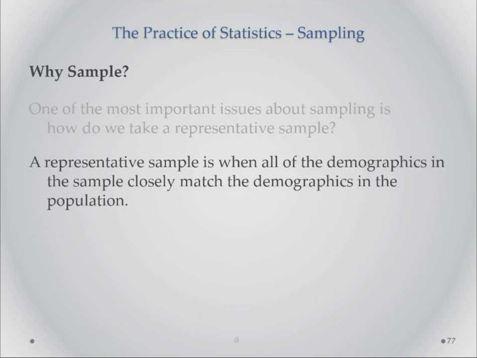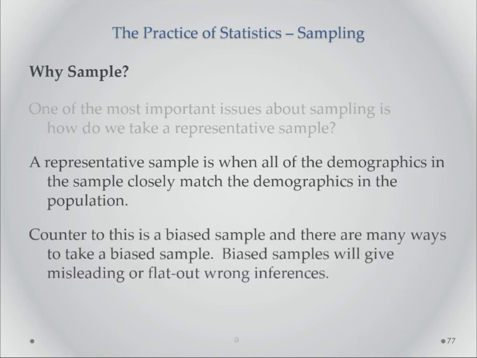One of the important things about sampling is we need a representative sample. We need a sample from the population that includes all the demographics that are also in the population. If you don't have that, then you can get bias. Think back to when we talked about doing the experiment: if all of the women received one pill and all of the men received a different pill, then you have a bias.